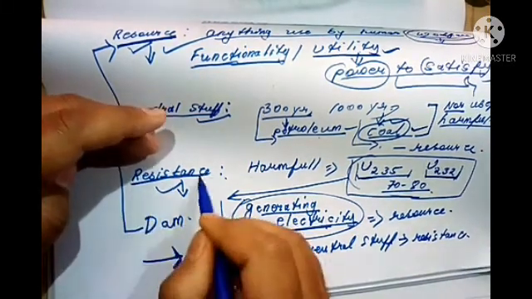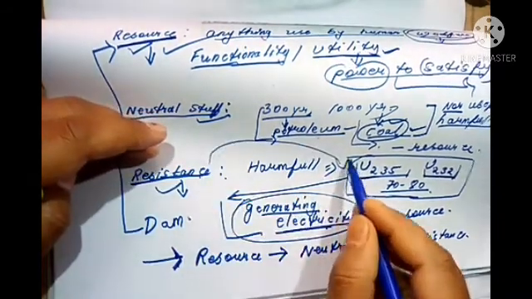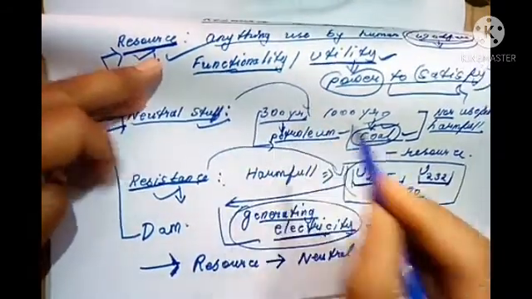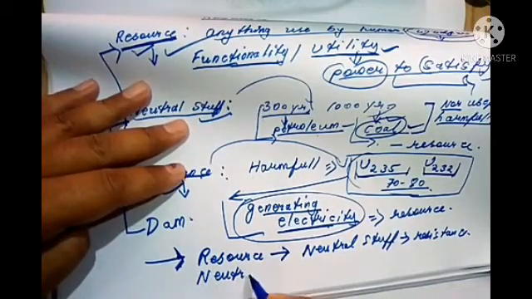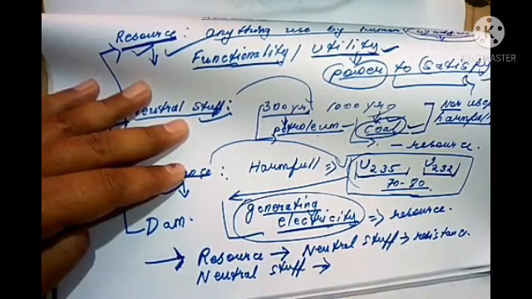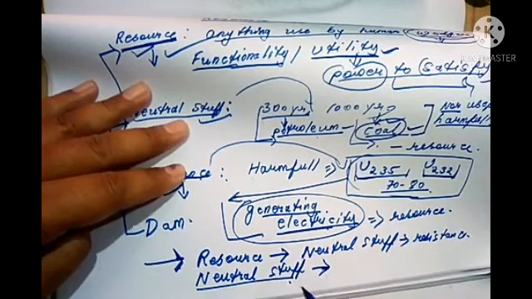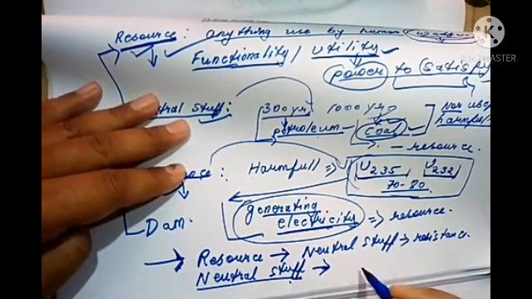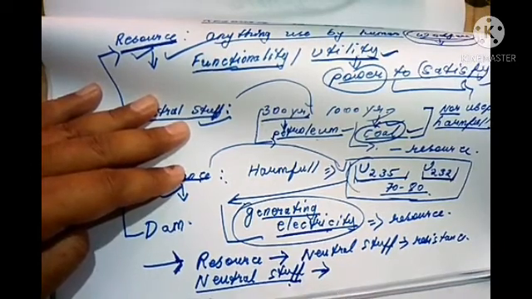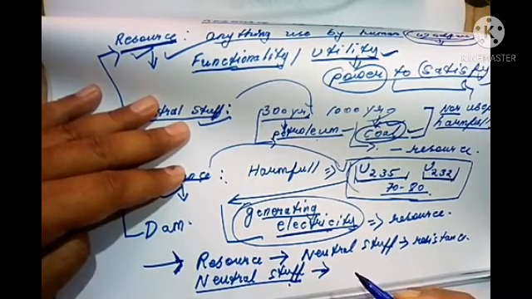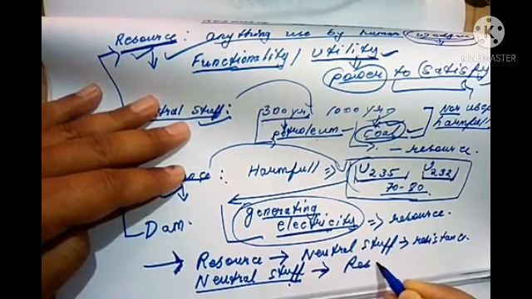As it is proved that resistance is transformed into resource and neutral stuff is transformed into resource, likewise there are things we now regard as neutral stuff, neither useful nor harmful. In due course of time we may start using that neutral stuff for our own welfare, so it may become a resource.